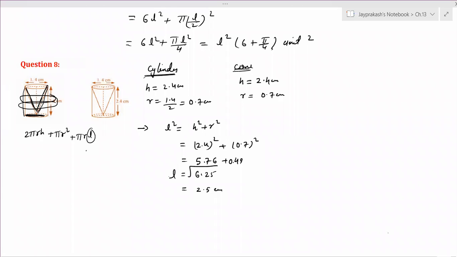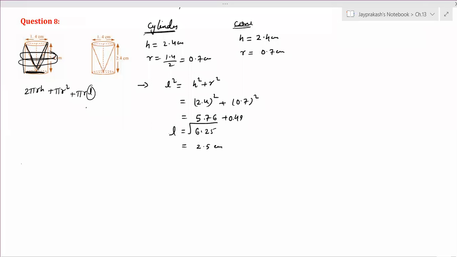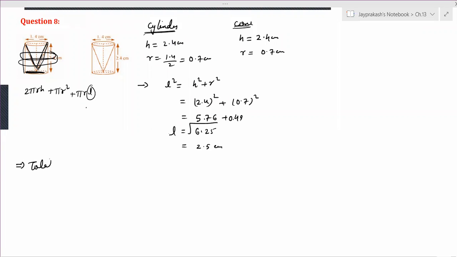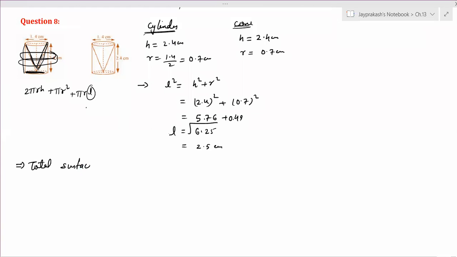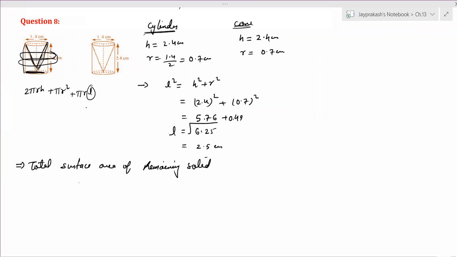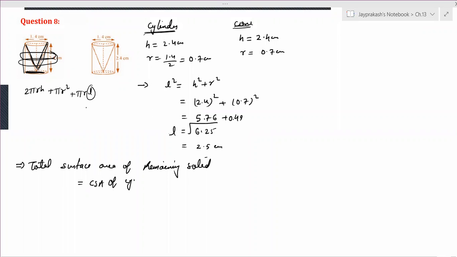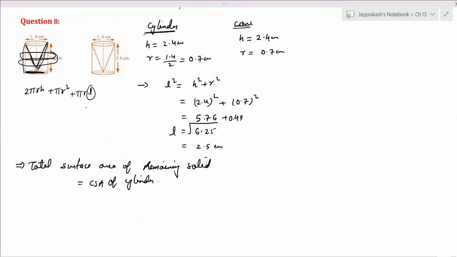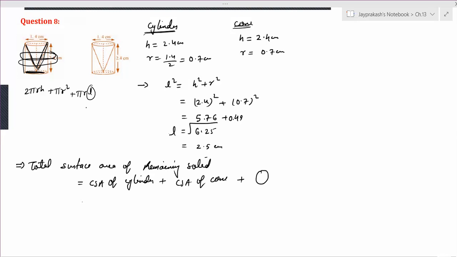Now we will find the combined area. So total surface area of the remaining solid is equal to CSA of cylinder plus CSA of cone plus circle.